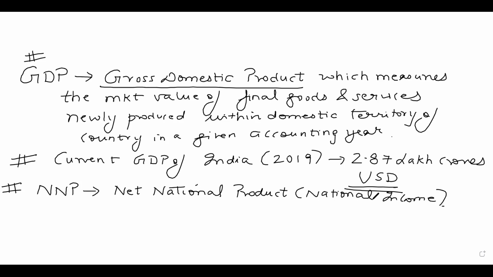NNP denotes net national product, also called national income, measures the value. Let me correct myself: national income is actually evaluated at factor cost, not market price. So net national product is at factor cost.